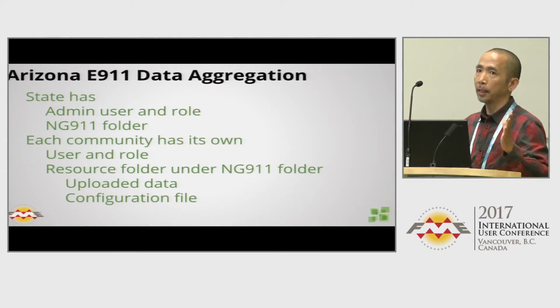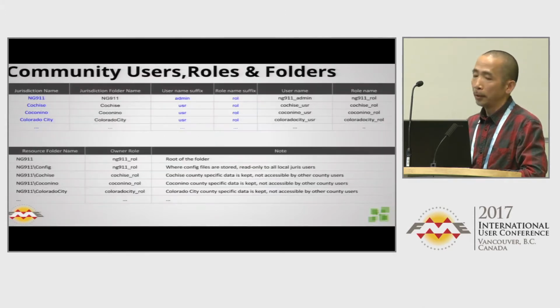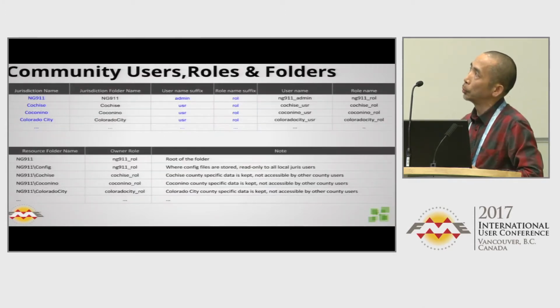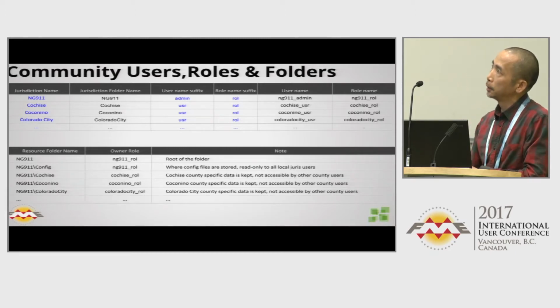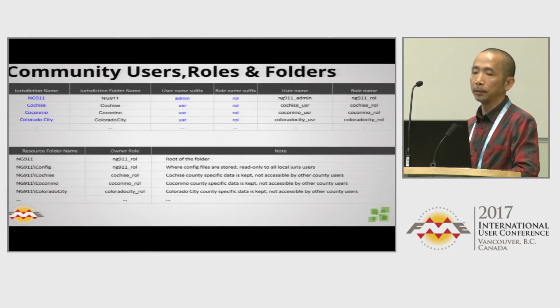So this is the setup for the server. In a nutshell, this would be a sample of some of the different levels of usernames and roles and a few things, and then the resource folders and their structure.